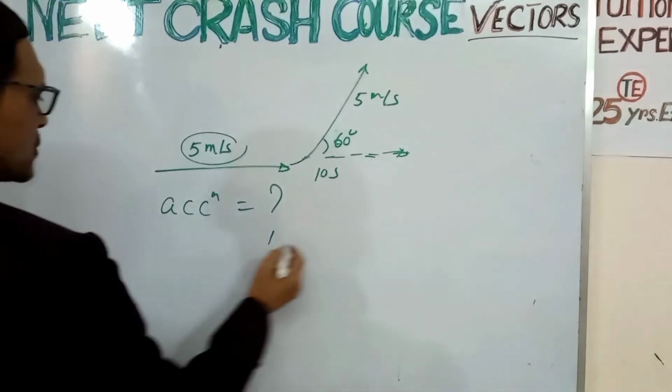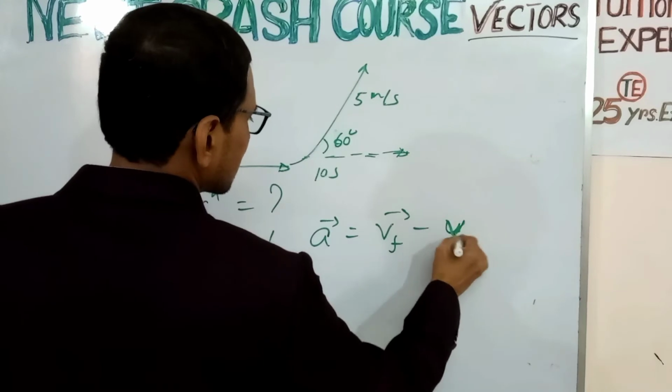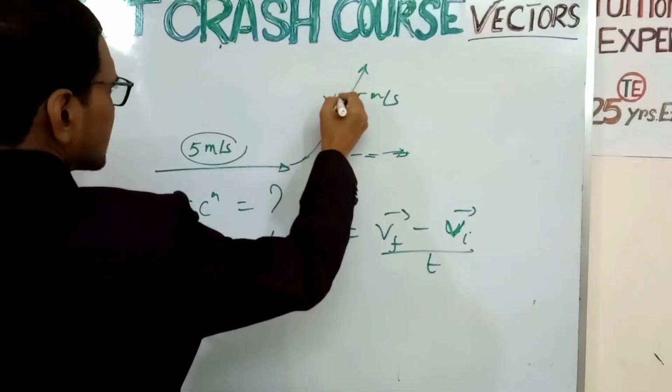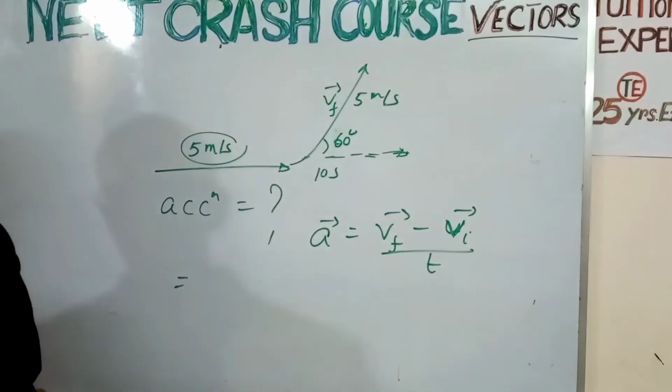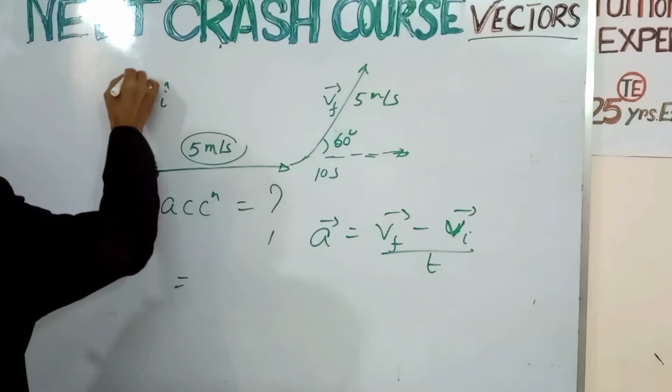Here also we write acceleration equal to final velocity minus initial velocity by time t. So we have to write the final velocity in terms of i and j, and then put the initial velocity 5 i. This is the i direction, this is the j direction.